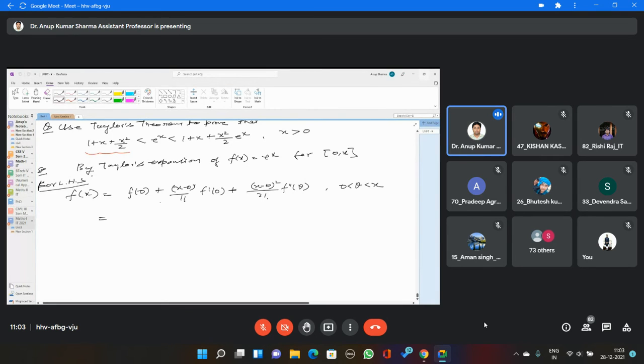Now in this case, just to simplify, e to the power x, this is an easy one. You can simplify f of 0, this is 1.